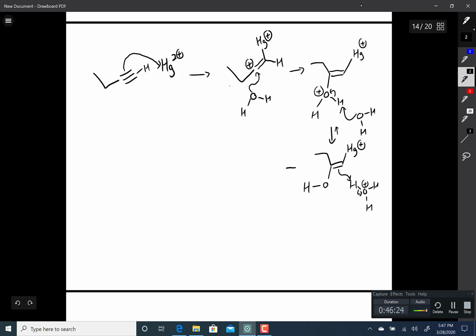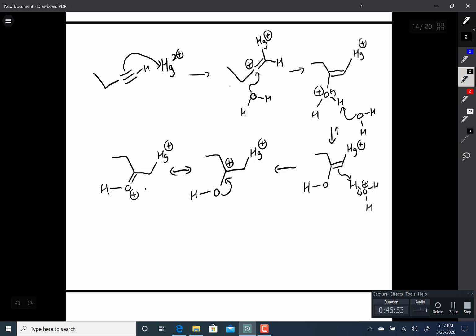And the most stable carbocation is when the carbocation is right next to the OH, because that carbocation is resonance stabilized with this as the major resonance structure.